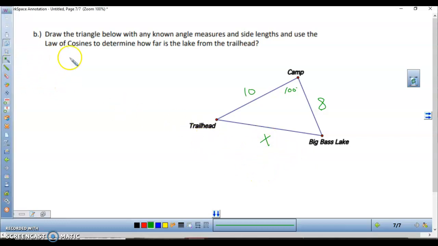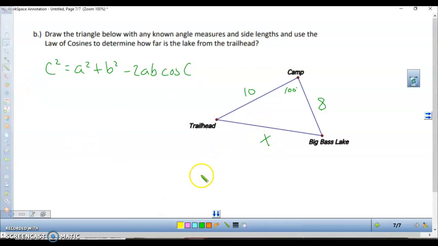So remember, for law of cosines, it's this. And what we need to do is we need to have a side, angle, side situation. So side, angle, side, and then we use that to find this little loner dude all by himself.